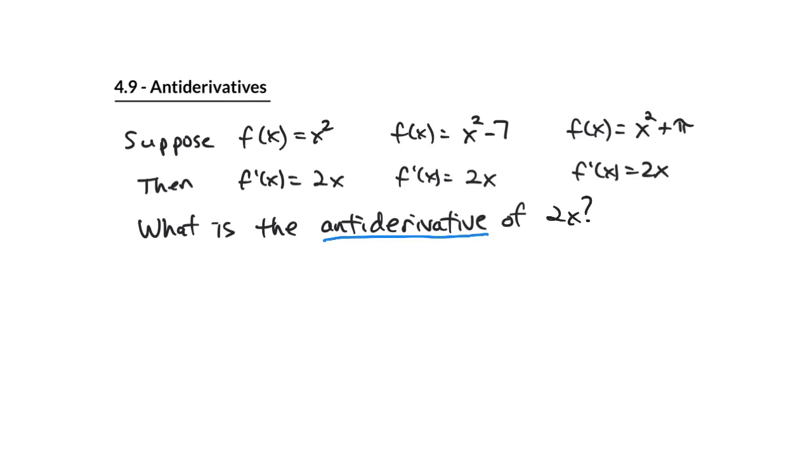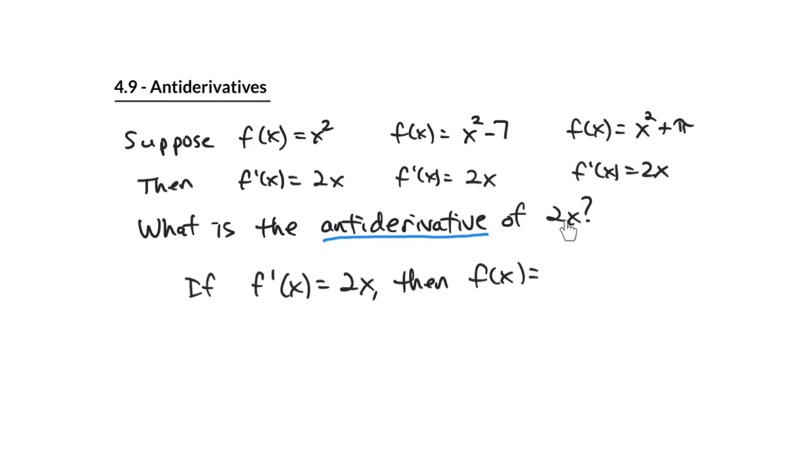So if we're asked that question, we could say something like this. In other words, if f prime of x equals 2x, then f of x equals what? So if the derivative of this function, f of x, is 2x, then what is the original function? So we're kind of like going backward.